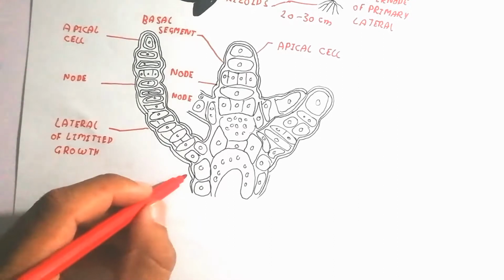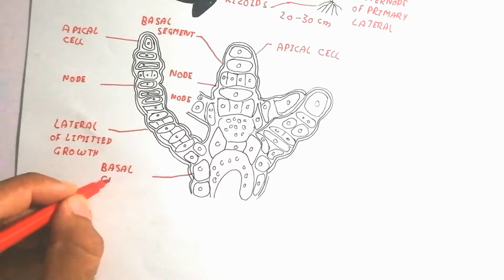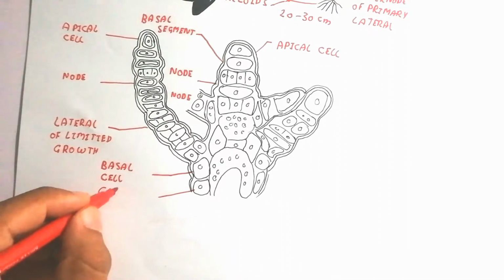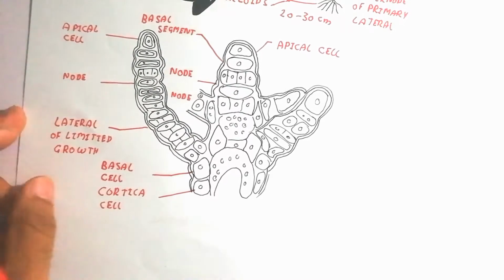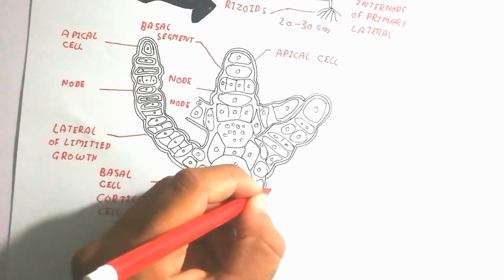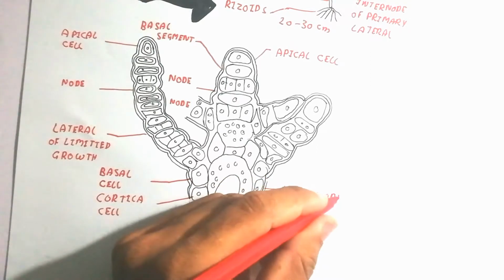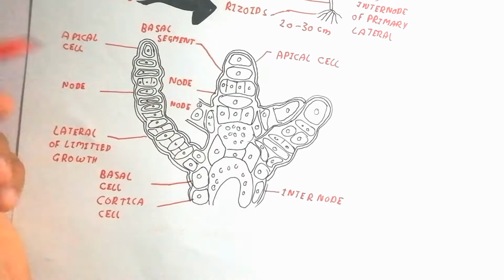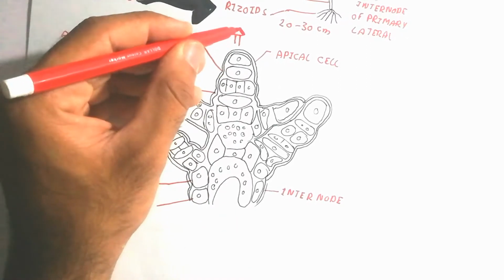Here is the basal cell, which is the cortical cell, and the internode is present here. So from here to here is limited growth, but here is unlimited growth.